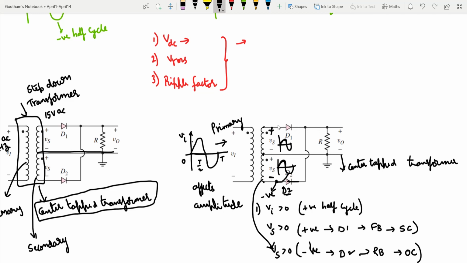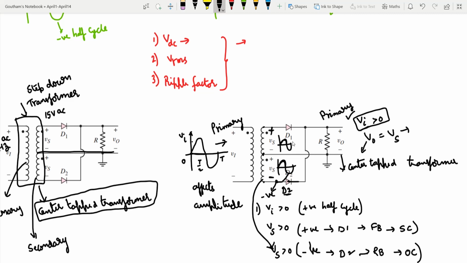So when vi is greater than 0, v out is nothing but the voltage drop across this resistor, which is vs. So in the positive half cycle of the input, when vi is greater than 0, v naught is equal to vs. Remember, vi is the input to the primary winding of the transformer, at the secondary we have vs, and v out is the output that we are finally interested in.